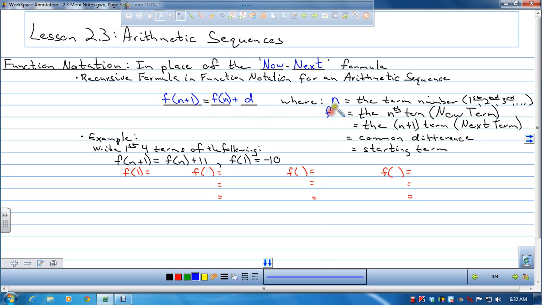F of n is what we will refer to as the nth term, and that is like the now term in that previous recursive formula that we wrote. F of n plus 1, that's the n plus 1 term, or the next term.